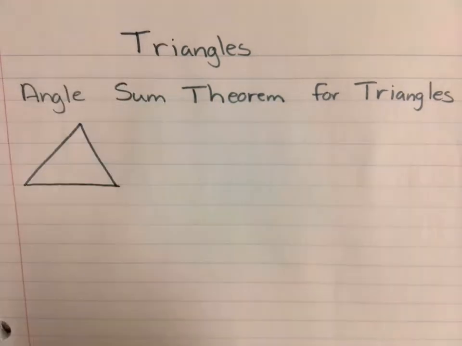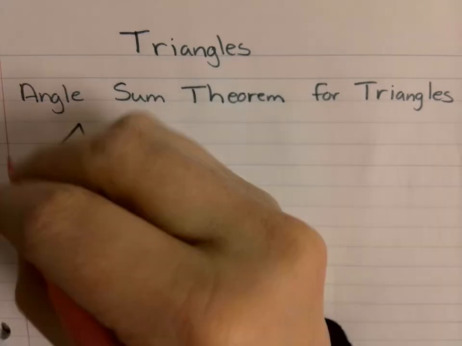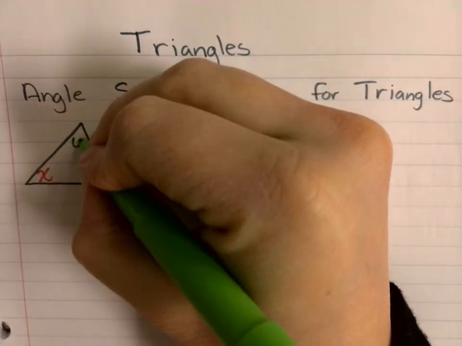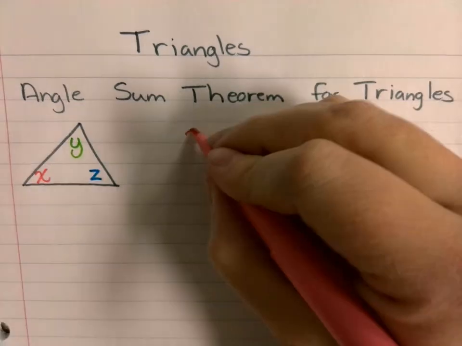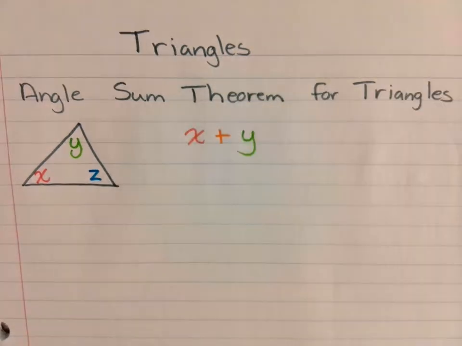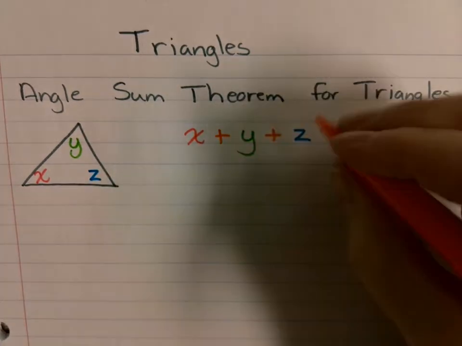The triangle sum theorem indicates that if you've got your 3 angles, so we'll say that this is angle X, this is angle Y, and this is angle Z. If we take X and we add it with Y, and then we add that with Z, then that's going to be set equal to 180 degrees.